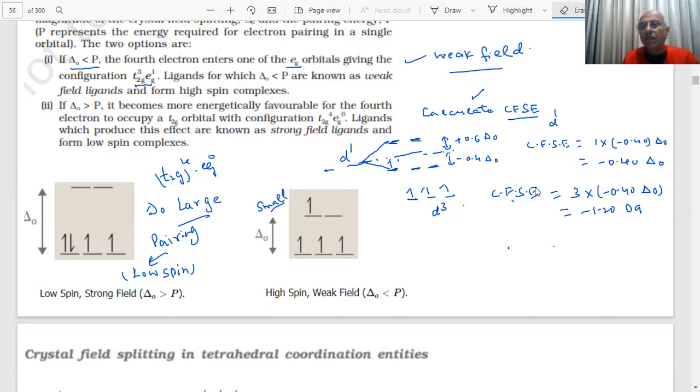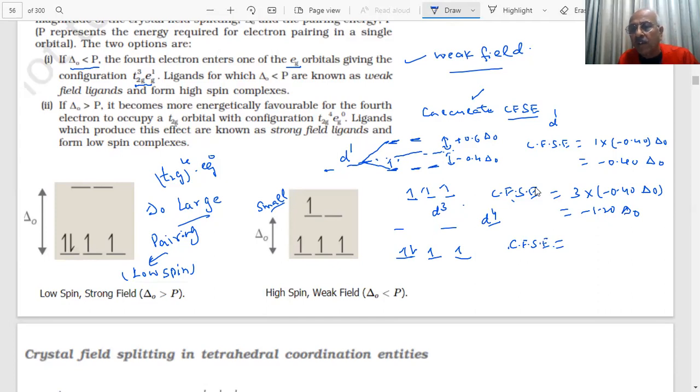And if there are four electrons, there are two possibilities. One possibility for four electrons is this one, students: d4. One, two, three, and you have pairing energy. In this case, when you have to calculate the crystal field stabilization energy, how many electrons do you have?